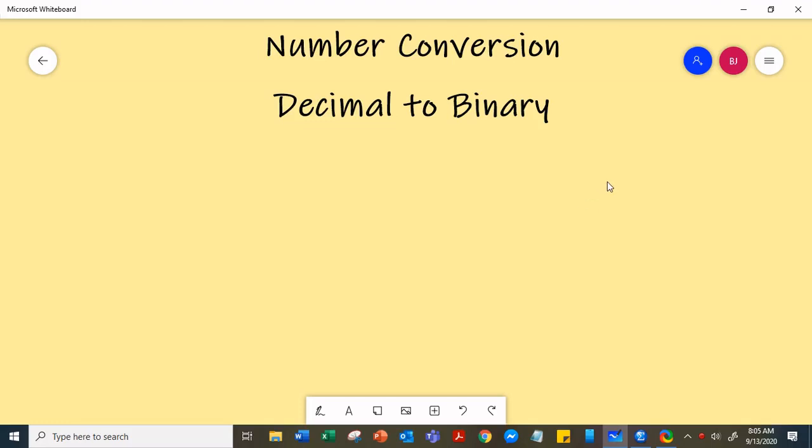So there are actually a number of ways to do this. We'll begin with the conversion of decimal to binary using the continuous division by 2. So let's have an example here. Let's have for number 1, 250.